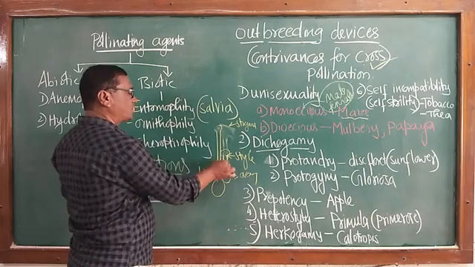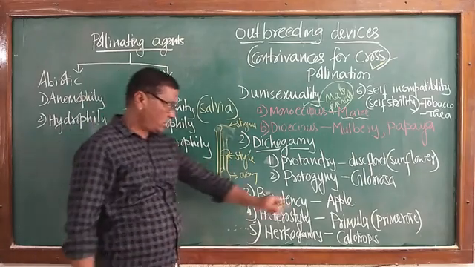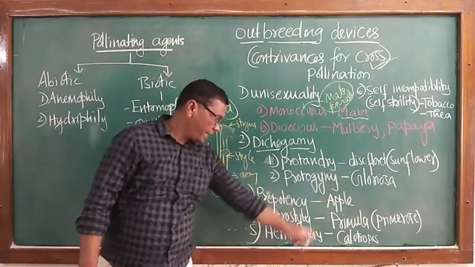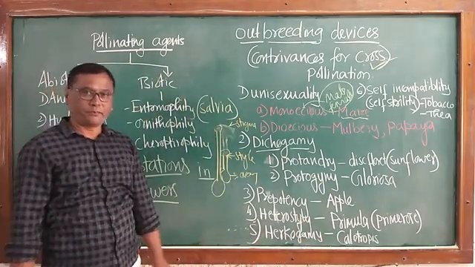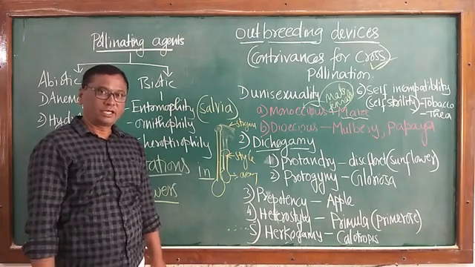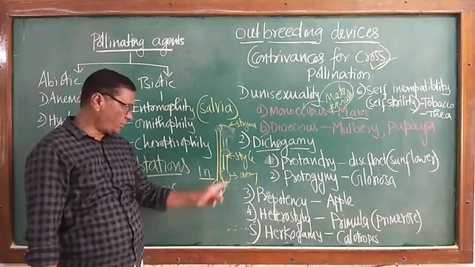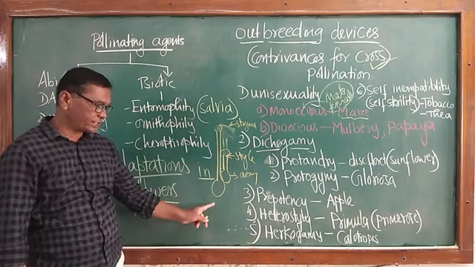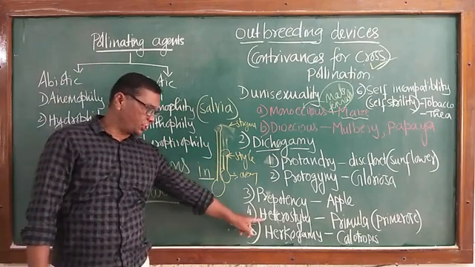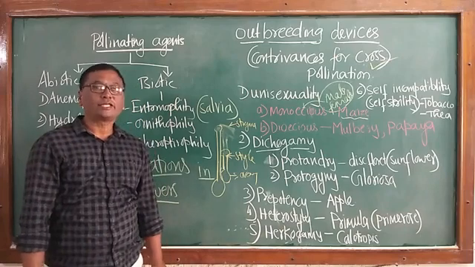So different kinds of style of the same flower, same plant flowers can be seen. Some flowers with short style, some flowers with long style. Such a condition is called heterostyly.